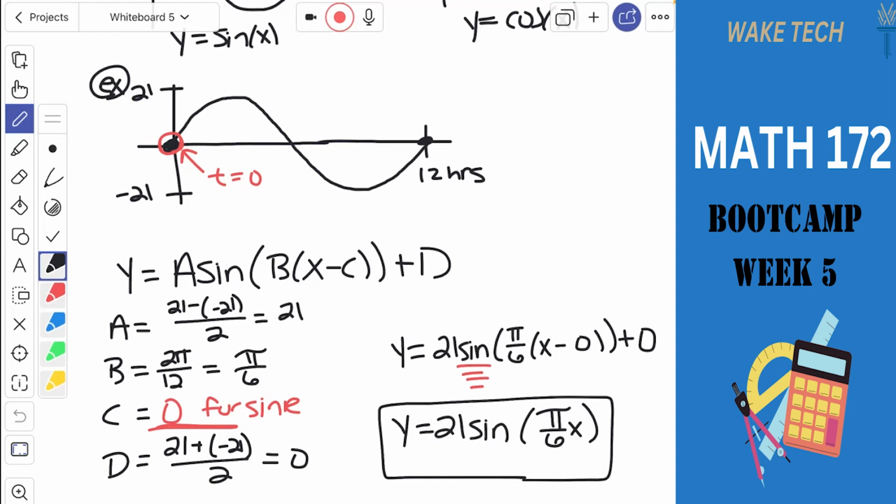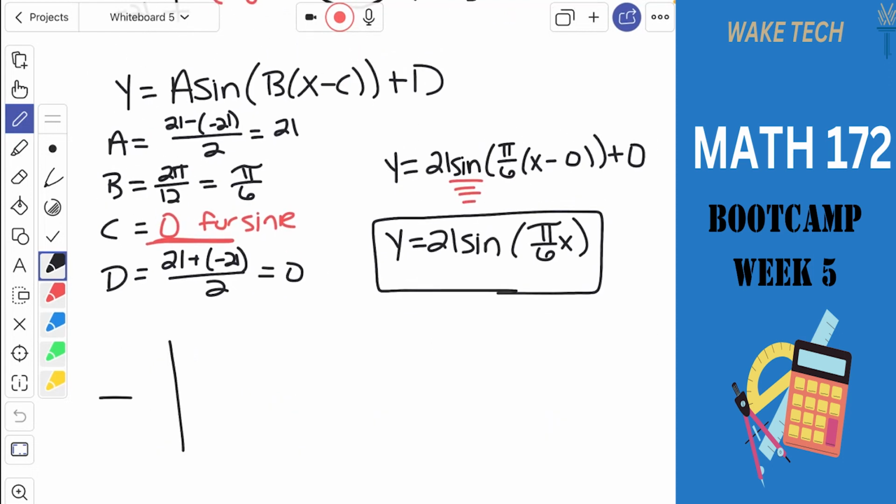Questions there? So is C always 0 for sine? That's just a rule? No. The C value is the starting point of the cycle. So let's say the tides went from 2 a.m. to 12 hours later, 2 p.m. In this case, C would be 2 because that's the time the sine cycle starts.